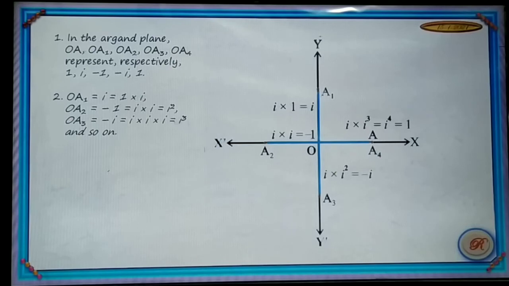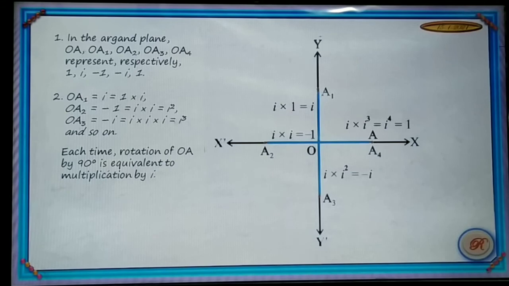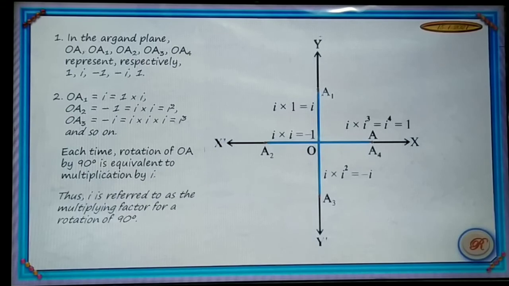Each time, rotation of OA by 90 degrees is equivalent to multiplication by i. Thus, i is referred to as the multiplying factor for a rotation of 90 degrees.